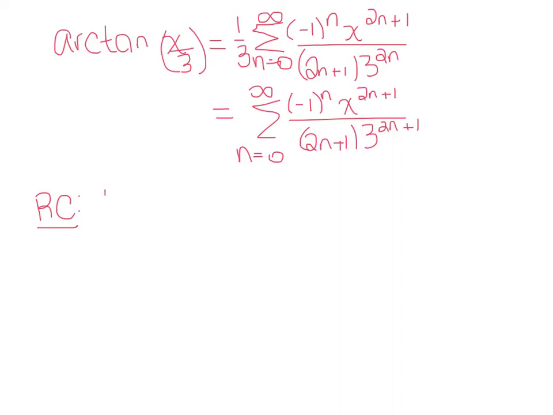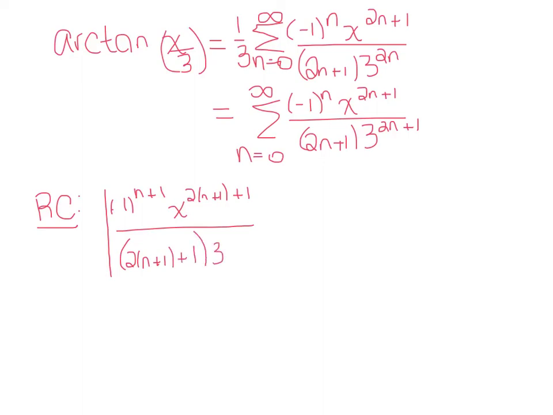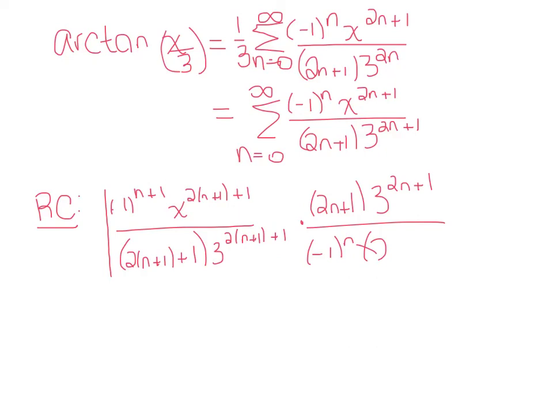So it looks like we get negative 1 to the n plus 1, x to the 2 times n plus 1 over 2 times n plus 1 plus 1, and 3 to the 2 times n plus 1 plus 1. All that is times 2n plus 1, 3 to the 2n plus 1, all over negative 1 to the n, x to the 2n plus 1.